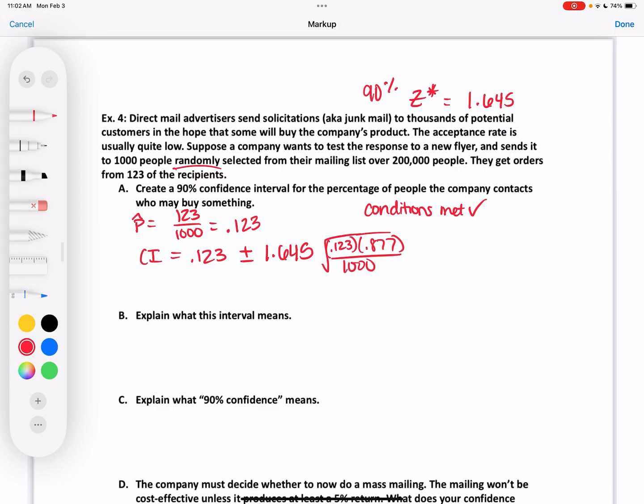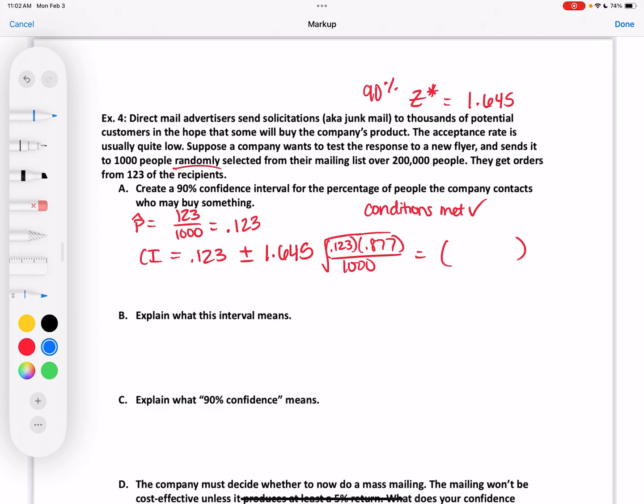The actual interval, I would have to do 0.123 plus 1.645 times what's in that square root box, and then do the minus, and whichever one is smaller obviously goes on the left, whichever is bigger goes on the right. This would create a parentheses interval for me. But I'm going to do it on the calculator, so, for the sake of time, I'm not going to actually do that by hand.